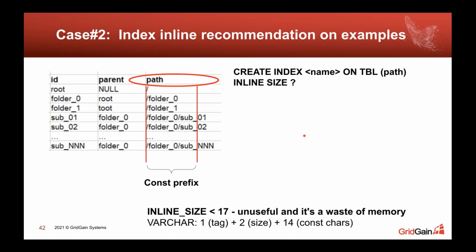It will grab the entire index for that. And in this case, if your inline size is less than 17, it will be totally unuseful, and it will be just a waste of memory because we have 14 constant characters, or kind of.